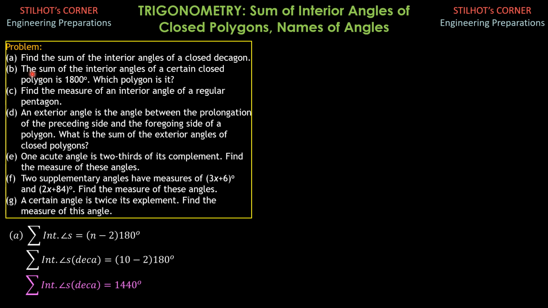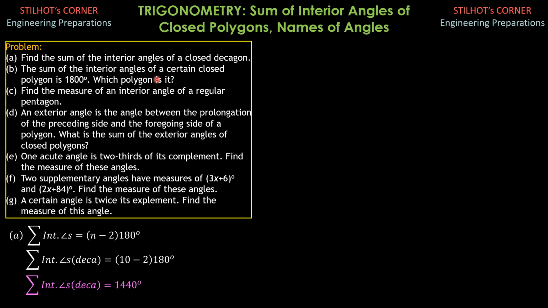For problem B, the sum of the interior angles of a certain closed polygon is 1800 degrees. Which polygon is it? So we are going to determine the number of sides, and from that number of sides we name it.